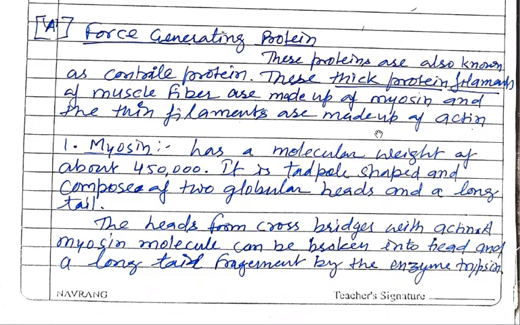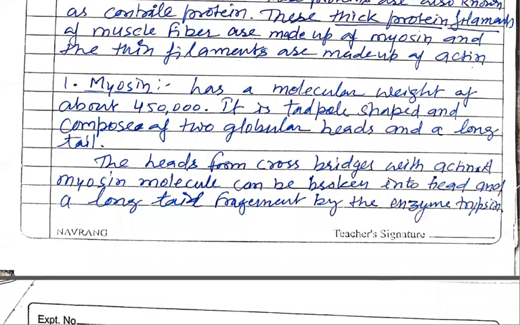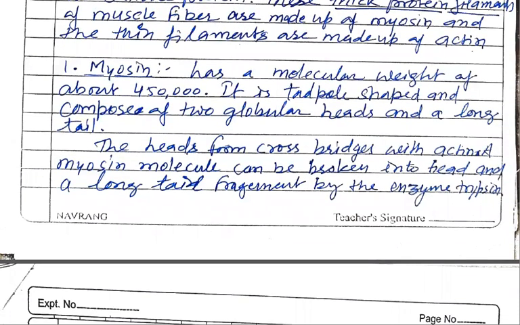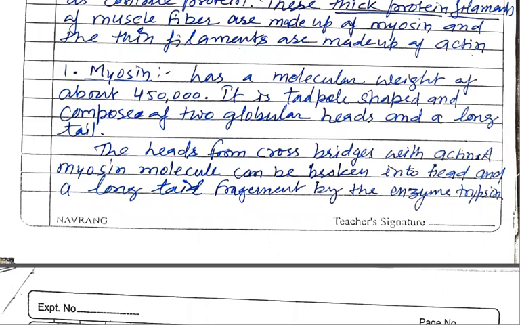These are thick protein filaments made up of myosin and thin filaments made up of actin. The first one is myosin, which has a molecular weight of about 450,000 units. It is tadpole shaped and composed of two globular heads and a long tail.